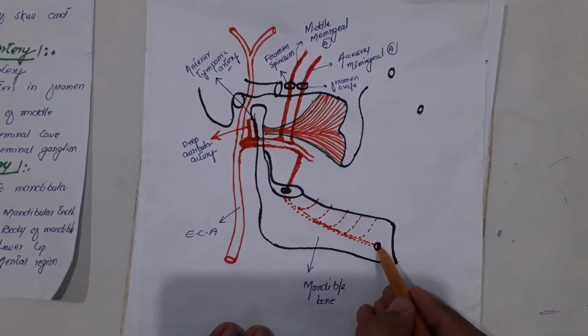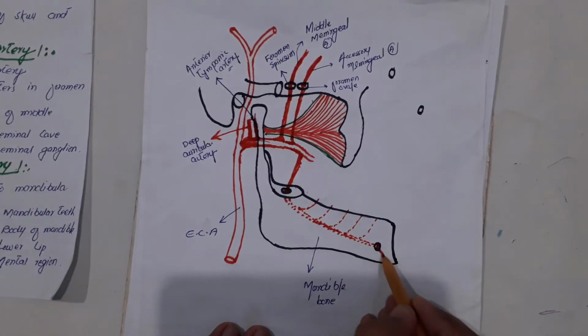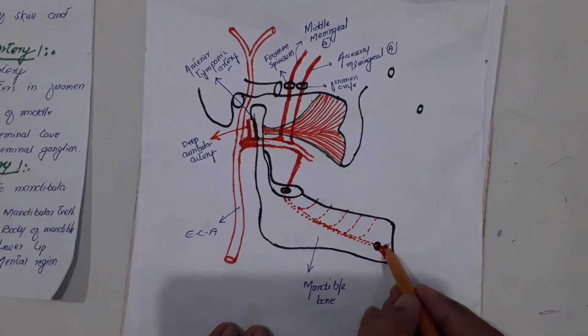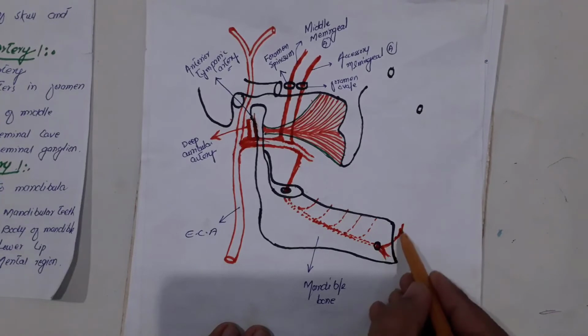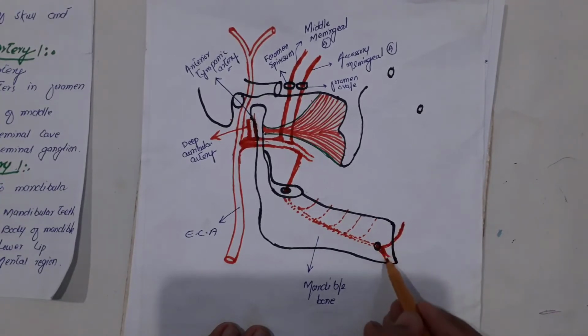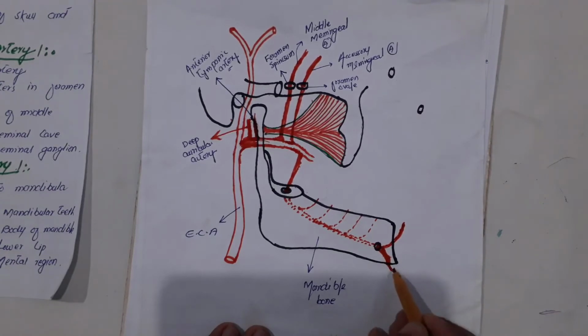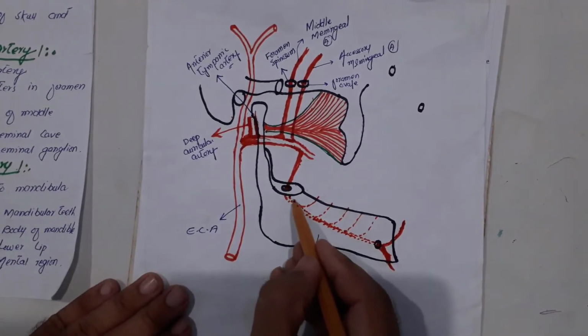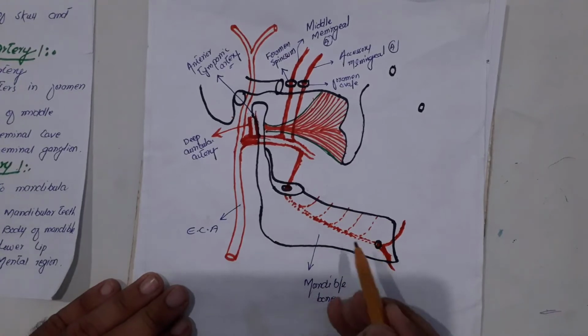And then it comes out through the mental foramen, right? This is our mental foramen. And it gives a branch like this to, I had told you, the lower lip. And this artery is the mental artery. It supplies blood to the mental region. Clear, friends? So this is our inferior alveolar artery.